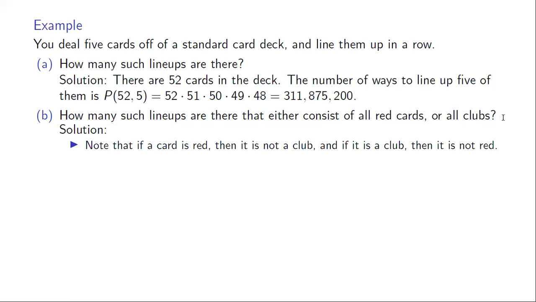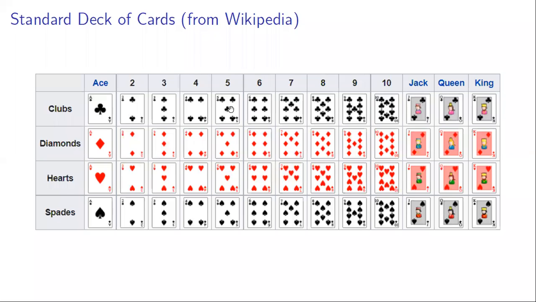Now notice that if a card is red, then it is not a club, and if it is a club, then it is not red. Looking back at the chart, all the clubs are black and all the reds are not clubs. So clubs and reds never mix.